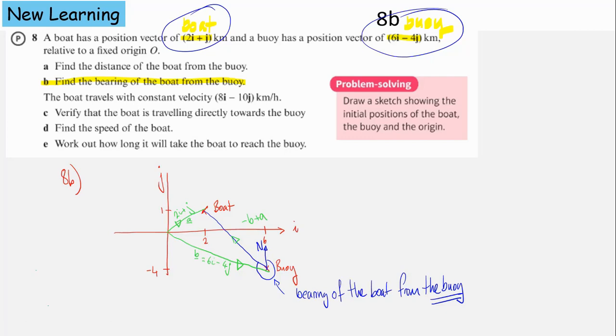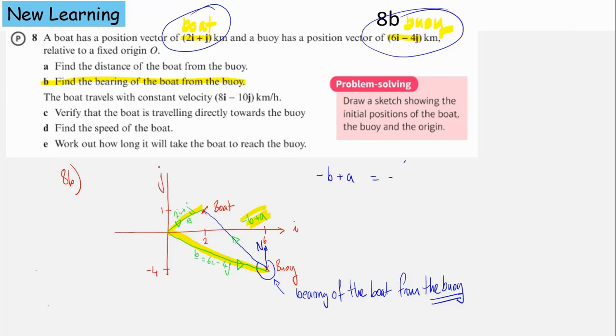In other words, negative b would go in this direction, plus a positive a would go in this direction, which would give me the resultant vector going from the buoy to the boat, which would be this vector here. Minus b plus a. Let's write these out using column notation. I like negative b.